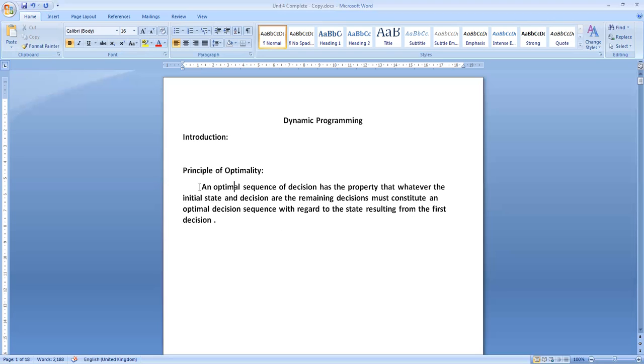Simply saying, if some error has been made in the first decision, then the remaining decisions should try to get the best solution to the problem.